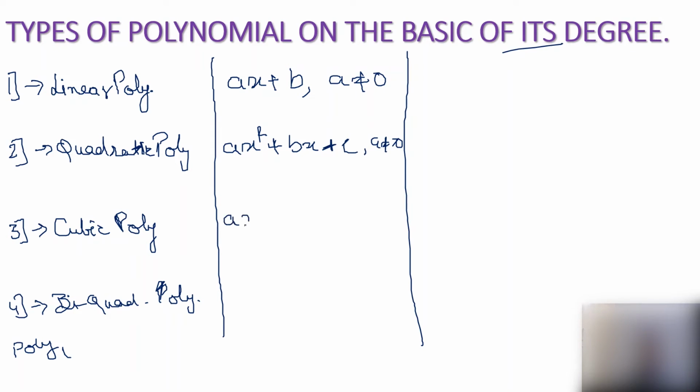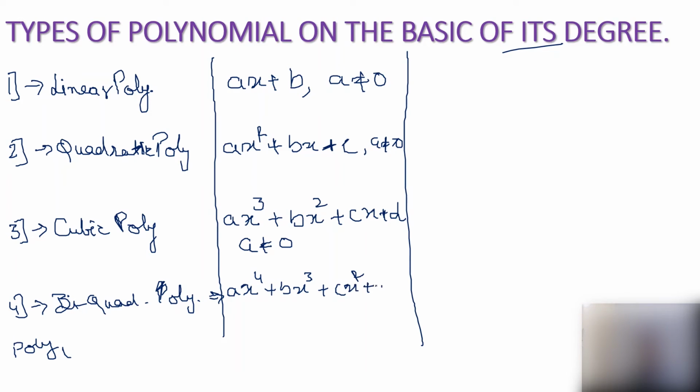Similarly, a cubic polynomial is ax cube plus bx square plus cx plus d with the additional condition a is not equal to 0. And a biquadratic polynomial means ax raised to the power 4 plus bx cube plus cx square plus dx plus e, where a is not equal to 0.